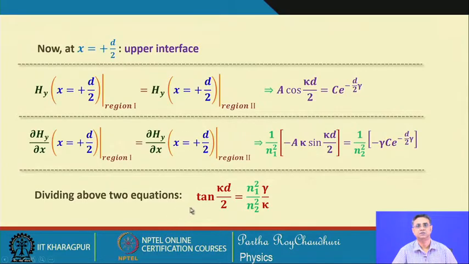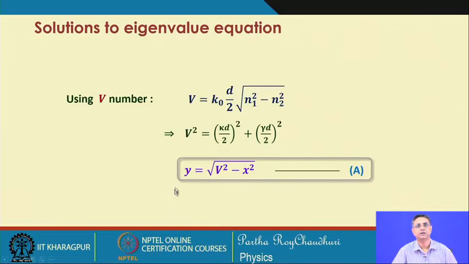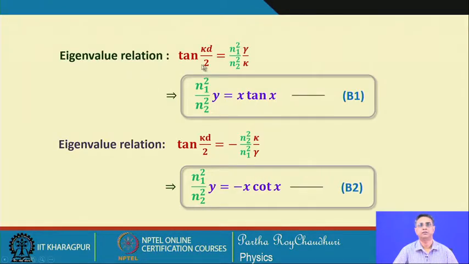So, this is the difference which appears, and now the V number gives you this equation. This time we will write this equation in terms of y equal to V square minus x square, and for the eigenvalue equation for the symmetric modes we can write this equation, because we have written this is equal to y, and therefore x tan x will come in this form, and for the antisymmetric mode we have this equation.